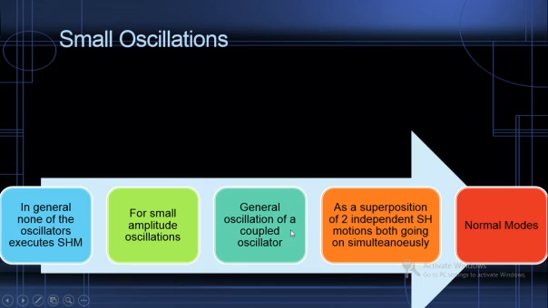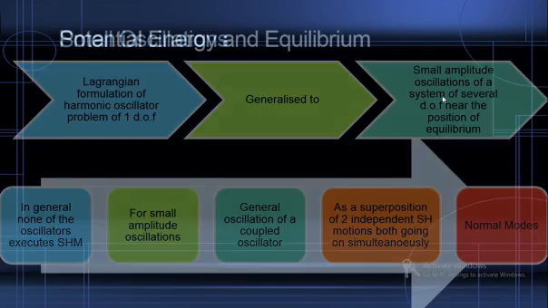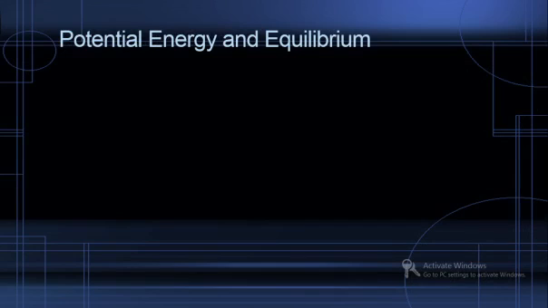Any coupled oscillator can be thought of as consisting of independent oscillators in simple harmonic motion only if the oscillations involve small amplitude. So the Lagrangian formulation of a one-dimensional harmonic oscillator can be applied to a coupled oscillator if small amplitudes are involved. Now let us see the special features of a one-dimensional oscillator.